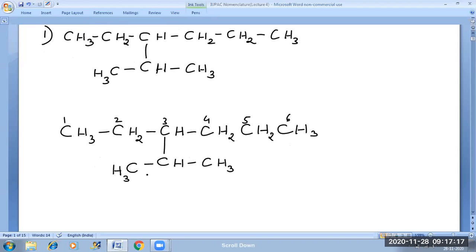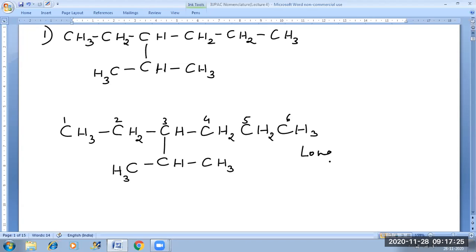So in the first one, if I start numbering in this way, this is one possibility. You will have the longest chain of 6 carbon atoms.